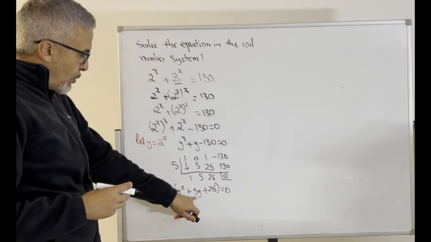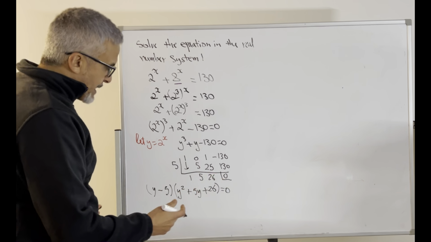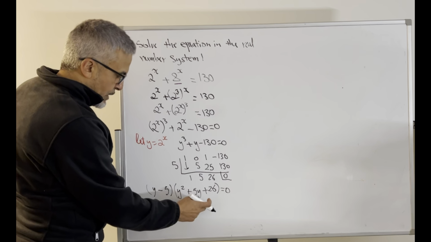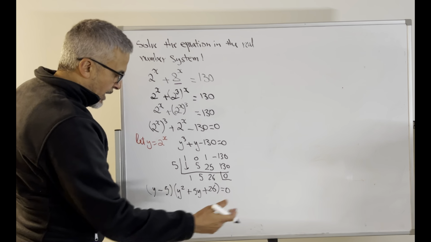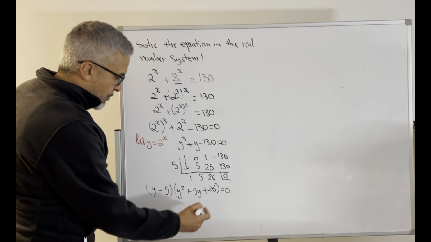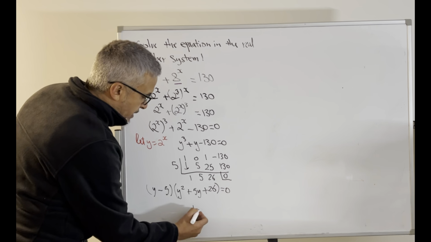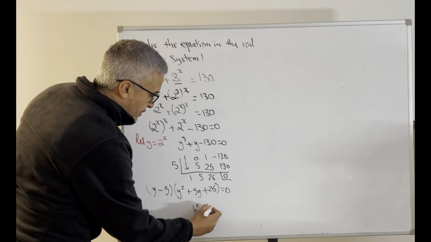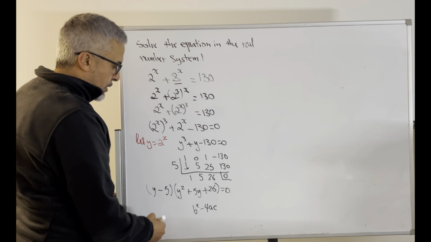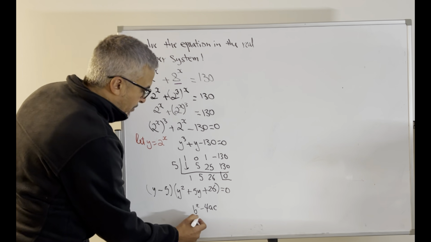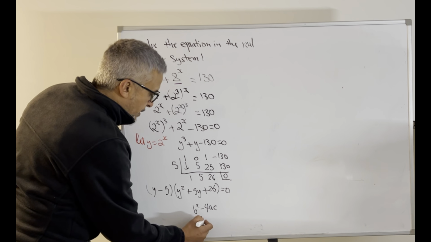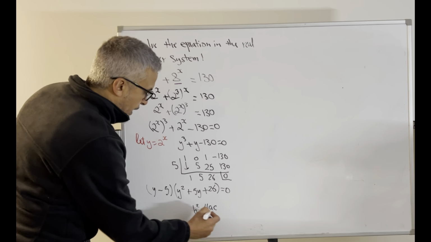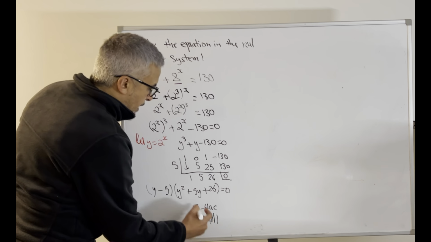Can we use the quadratic equation? So what I'm going to do, I'm just going to find out the nature of roots, just in case we get a negative number under the square root in the quadratic formula. So remember, under the square root is always b squared minus 4ac. That's what's under the square root in the quadratic formula. So b squared, that will be 5 squared minus 4 times a, which is 1, and times 26.